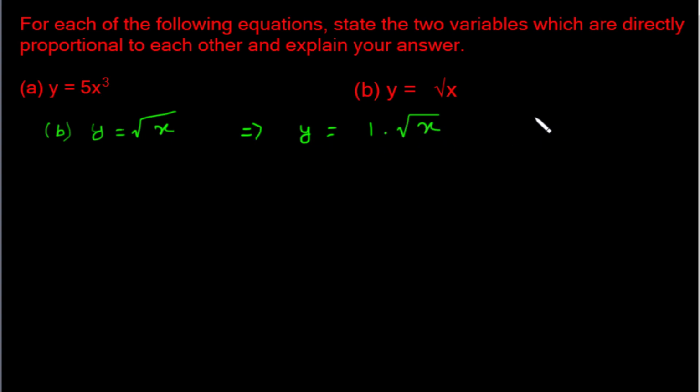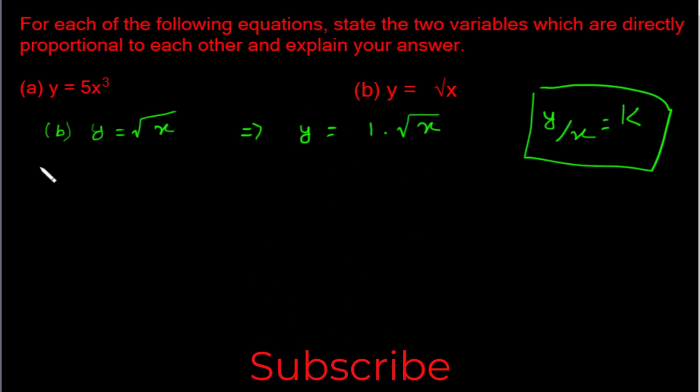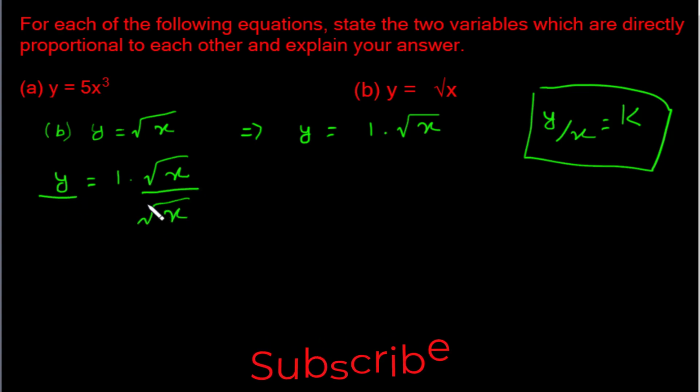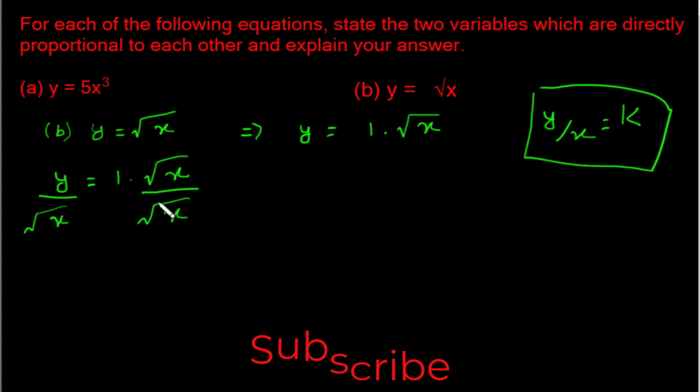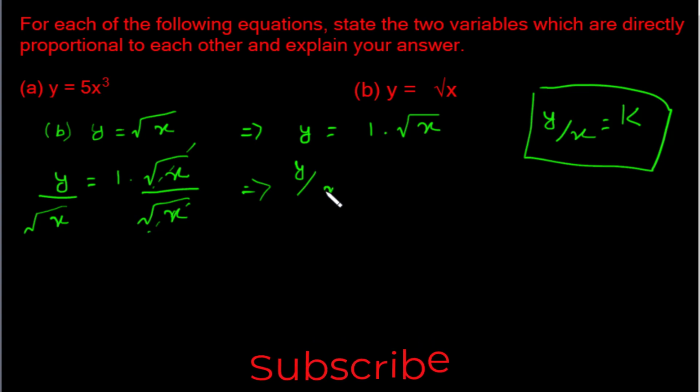Now to express it in the form y by x is equal to k, all I need is to isolate this constant. In order to do so, I will divide both sides by square root of x, so it will cancel and we will come up with y divided by square root of x is equal to 1.